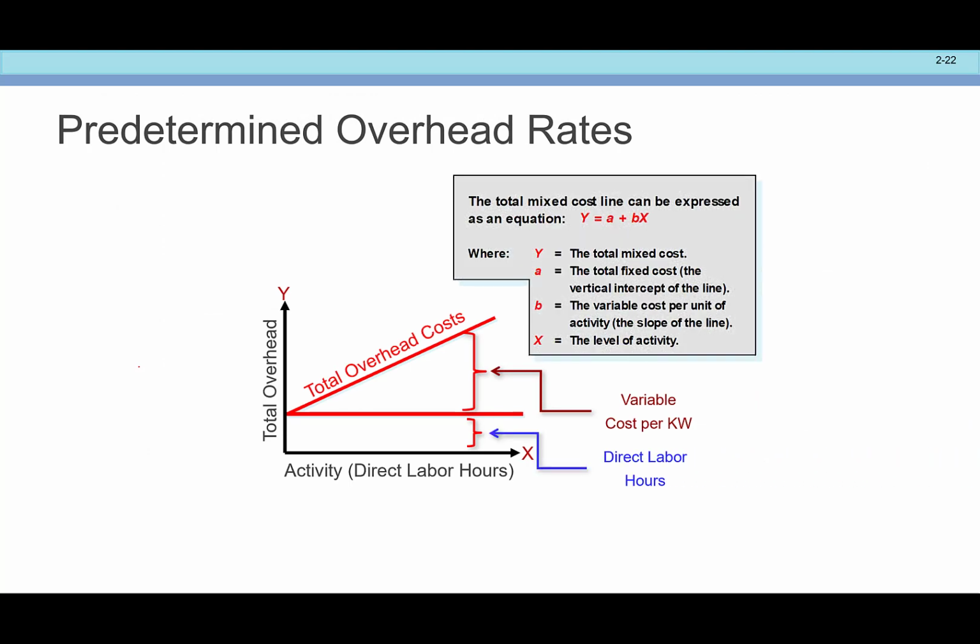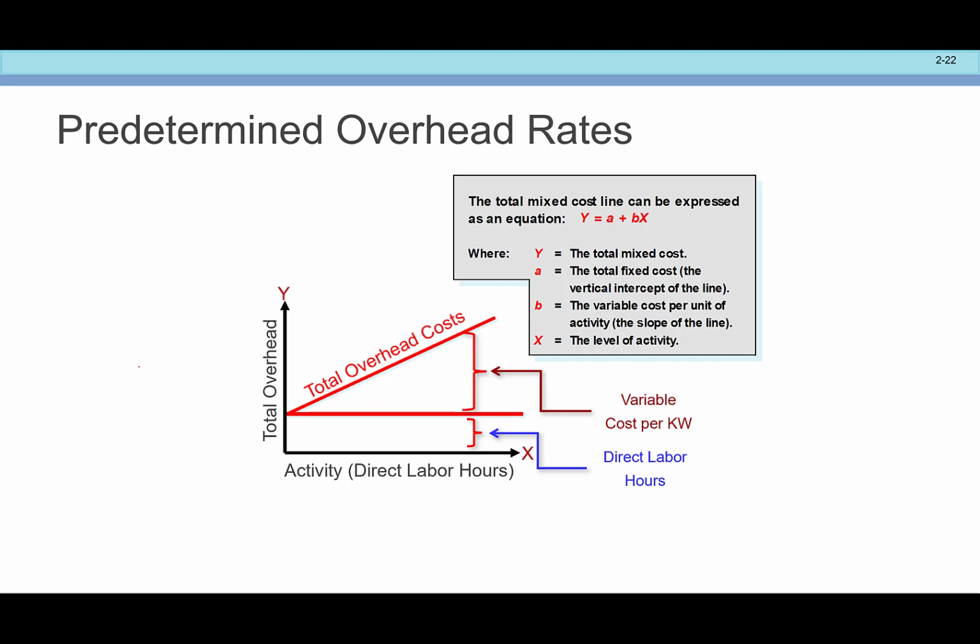Okay, good. Let's talk about now how we're going to allocate our manufacturing overhead to our products. We're going to do that using something called a predetermined overhead rate. What a company will likely do is look at data that goes back over several years, several months, whatever, and use that data to predict how their costs are going to behave in the future.